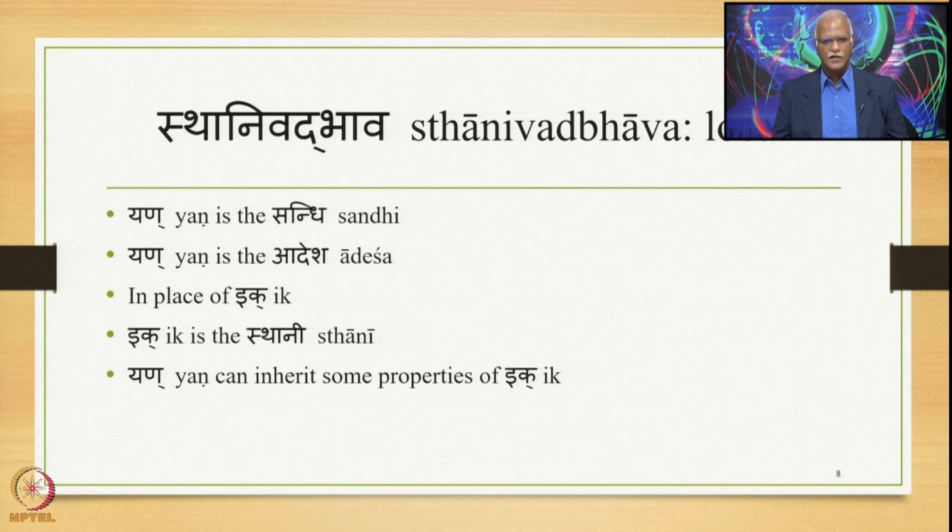So Ik is the Sthani. Yan is the Adesha and Ik is the Sthani. So by applying the technique of Sthanivat Bhava, we can say that Yan can inherit some properties of Ik.